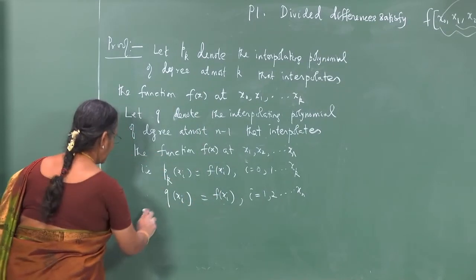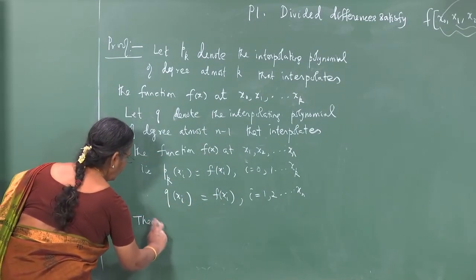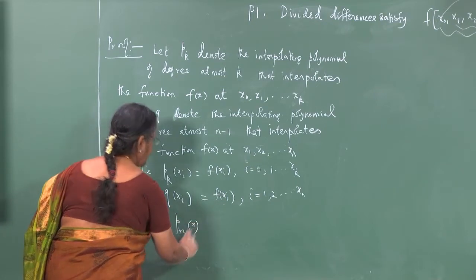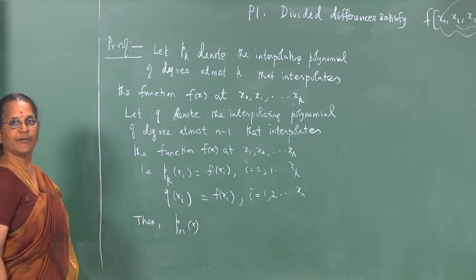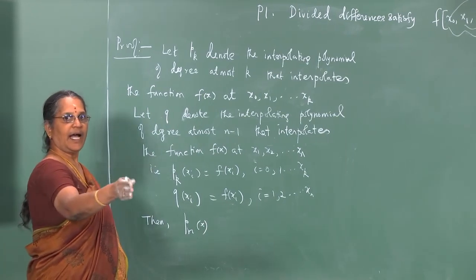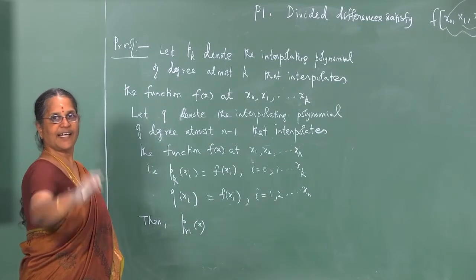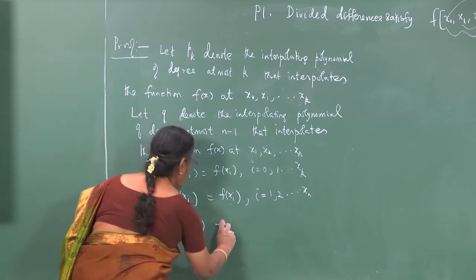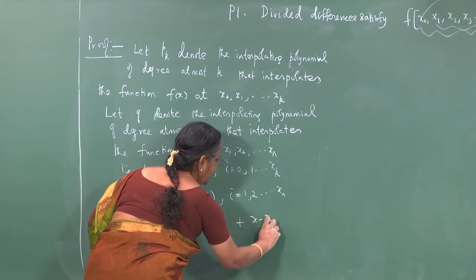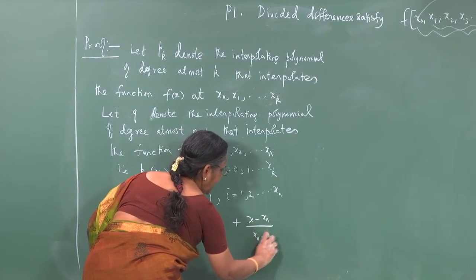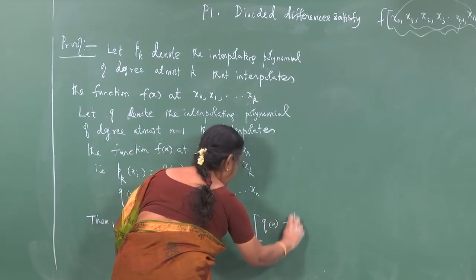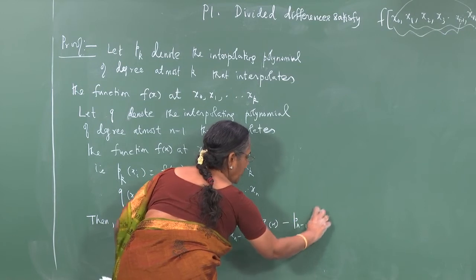If this happens, then we will now show that Pn of x, a polynomial of degree at most n that interpolates the function at x0, x1, etc., xn, is q of x plus x minus xn by xn minus x0 into q of x minus Pn minus 1 of x.